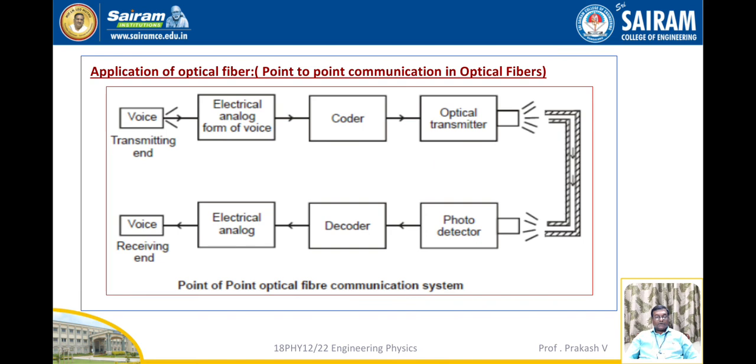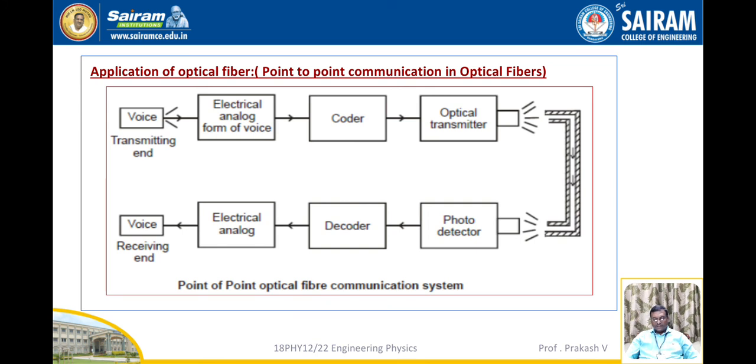Next, I am going to discuss the applications of optical fibers, that is point-to-point communication in optical fiber. In this picture you can look at the block diagram. Here the voice is converted into an electrical analog signal and sent into a coder, and finally sent into an optical transmitter, which converts it into an optical signal that is fed into the optical fiber.